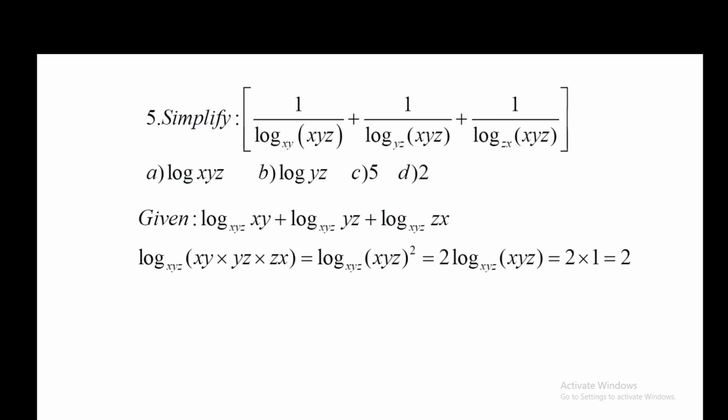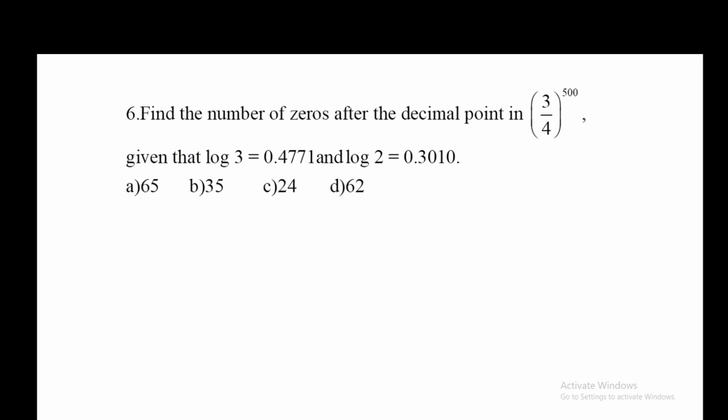So log of x, y, z into x, y, z whole square. Again we use log m power n, which is nothing but n log m. Here the base and the term are same, so log a base a means answer 1. So 2 into 1 is equal to 2. The answer is 2. Next one.